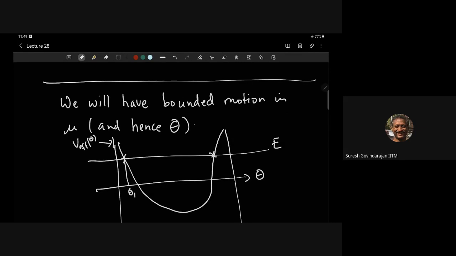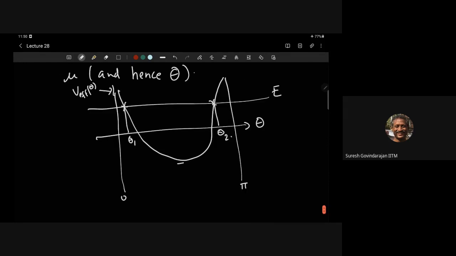This will have some minimum, so E must be greater than this minimum value.